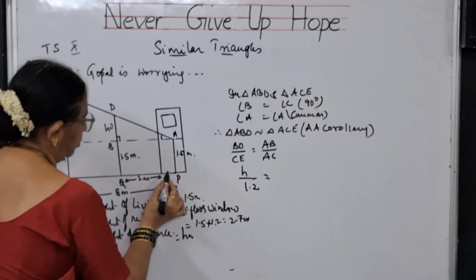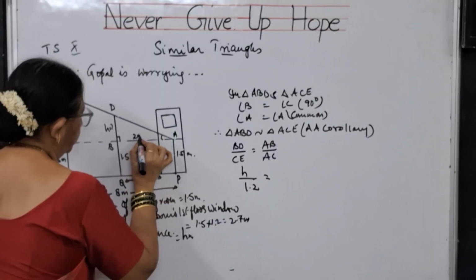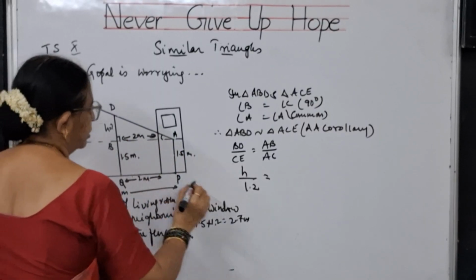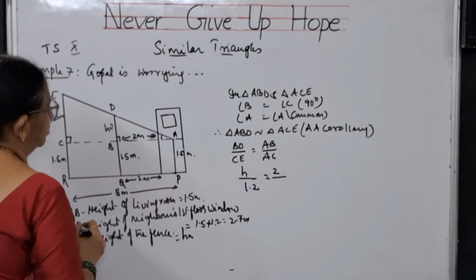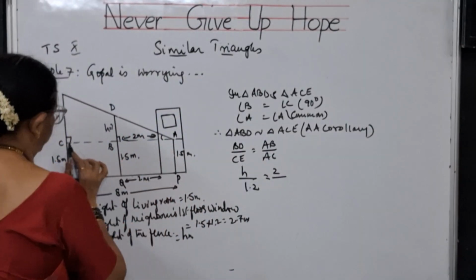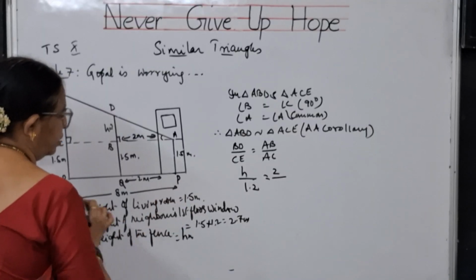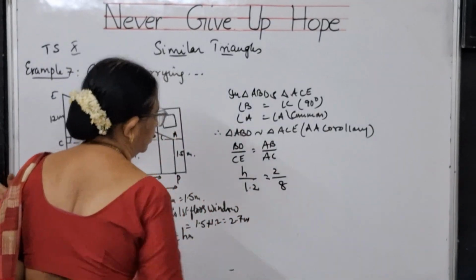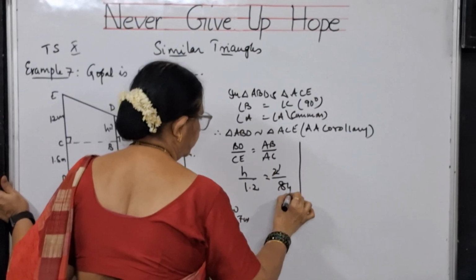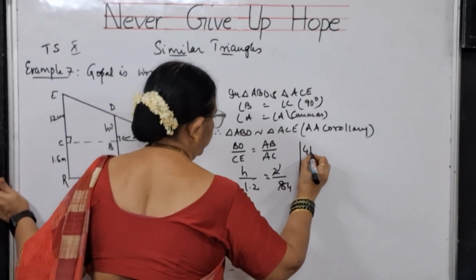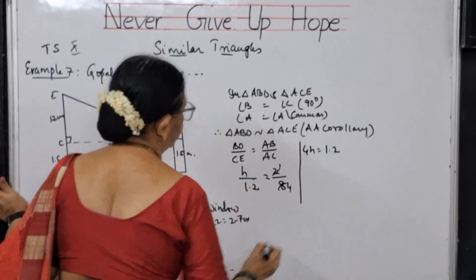What is AB? They have given this as 2 meters. That means this is also 2 meters. 2 by AC. What is AC, children? From here to here, they have given 8. So AC is 8. So 4H is equal to 1.2.